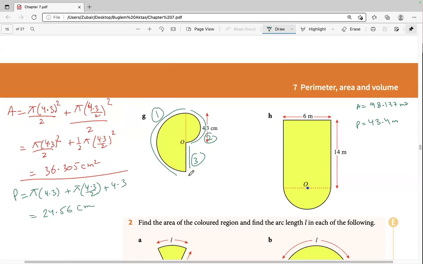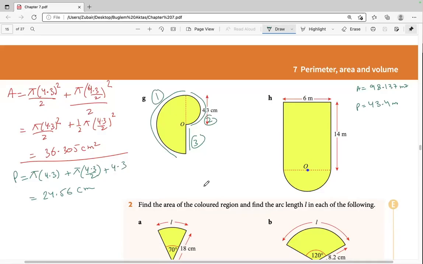And we add these together. Yeah, about 24.56. That's right.